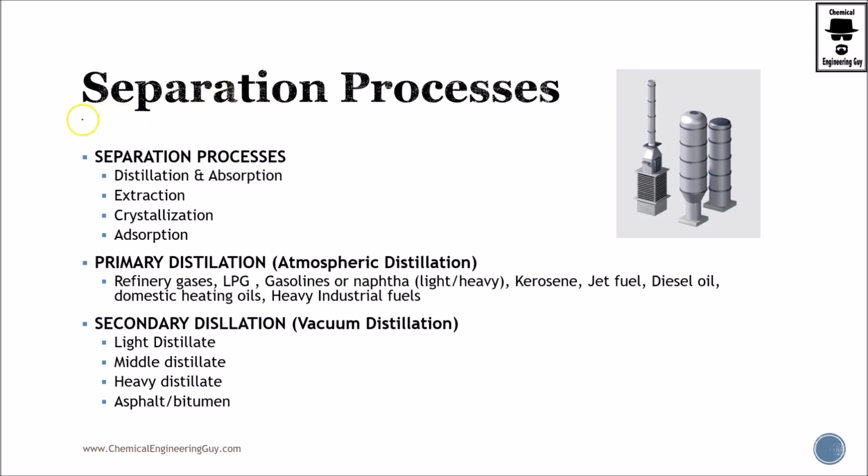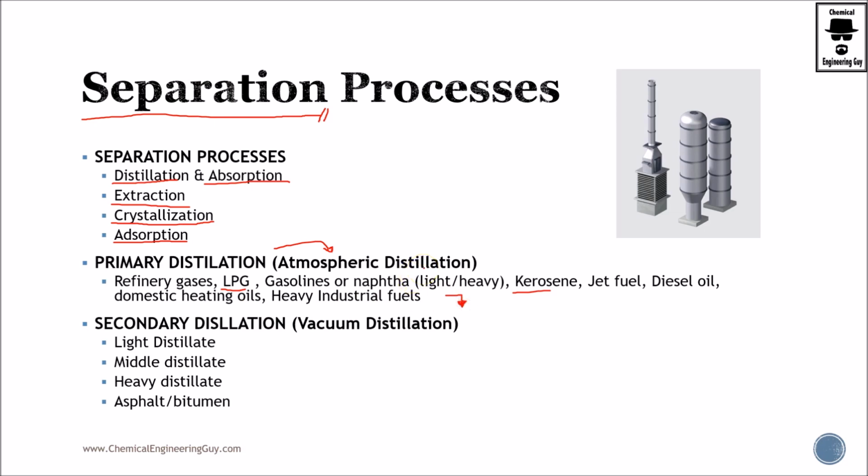Separation processes, as you can imagine, are based mostly on mass transfer separations, such as distillation and absorption, extraction, crystallization, and even adsorption. Then we get primary distillation, the most important one, which is the atmospheric, separates roughly into refinery gases, LPG, gasoline, naphthas, kerosene, jet fuel, diesel oil, and heavy industrial fuels, as well as the typical atmospheric residue.